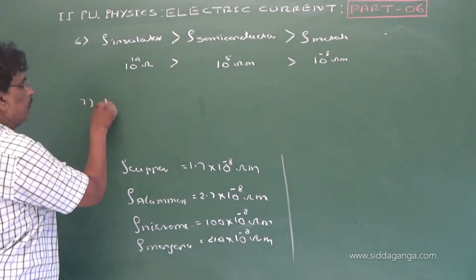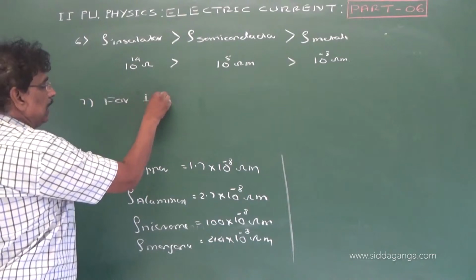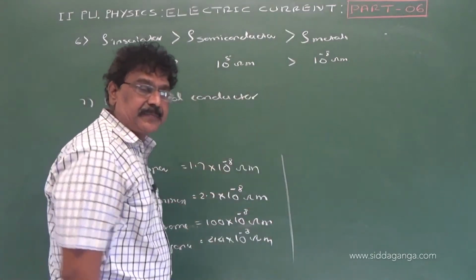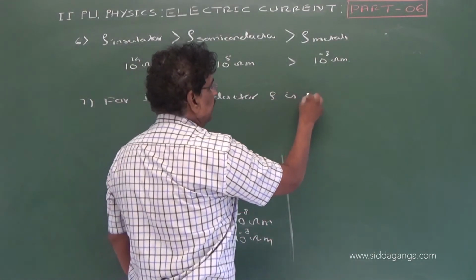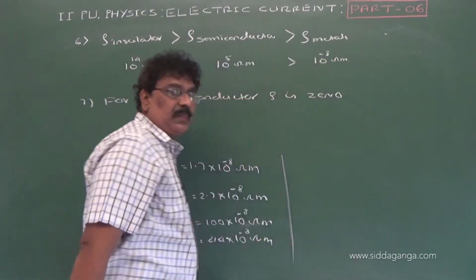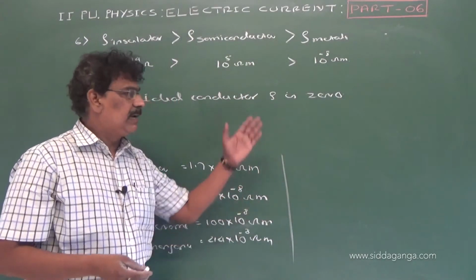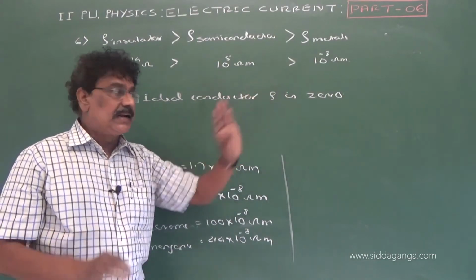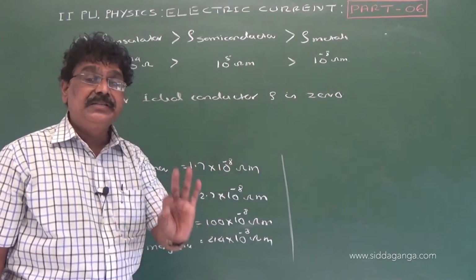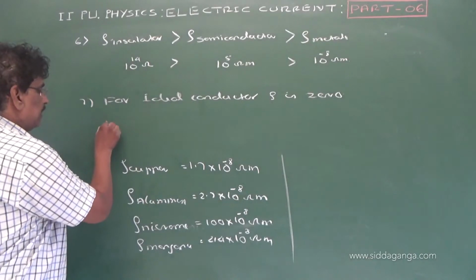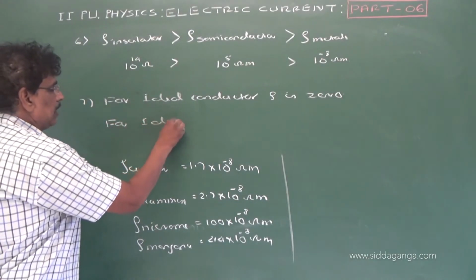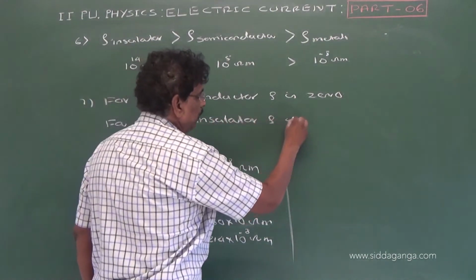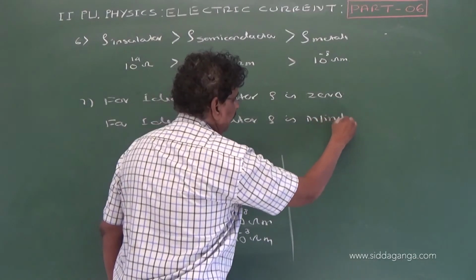Now seventh one, for an ideal conductor, resistivity is 0, and of course that does not exist in reality, but we will consider that for an ideal conductor the resistivity is 0. And for an ideal insulator, rho is infinite.